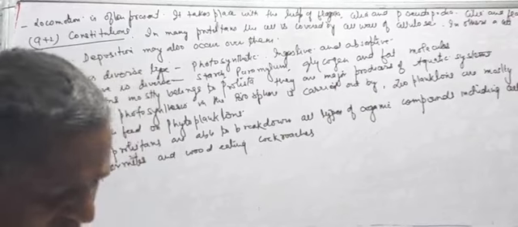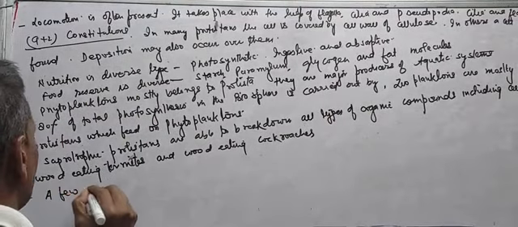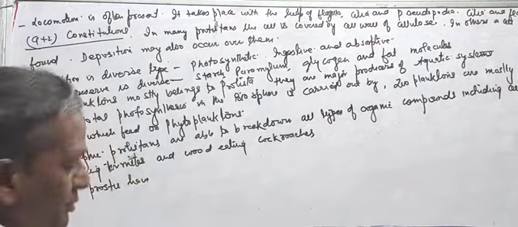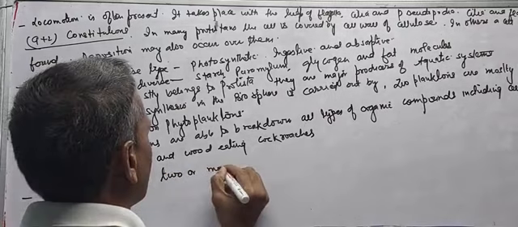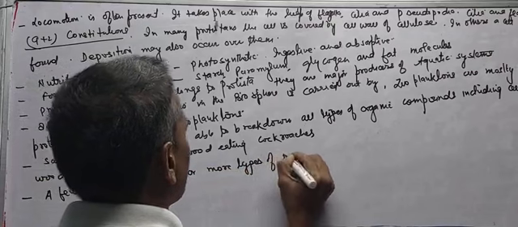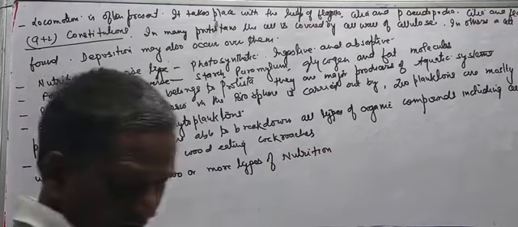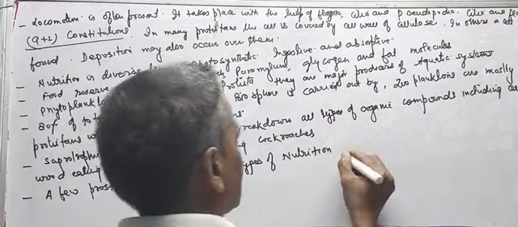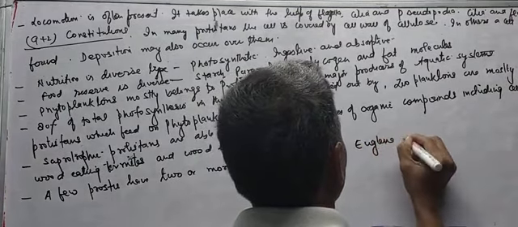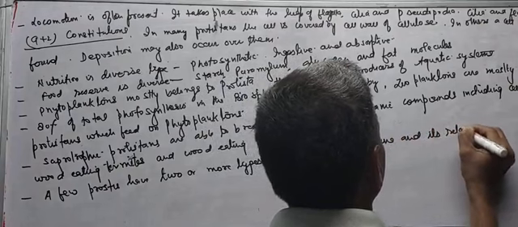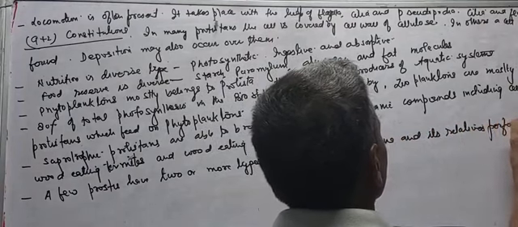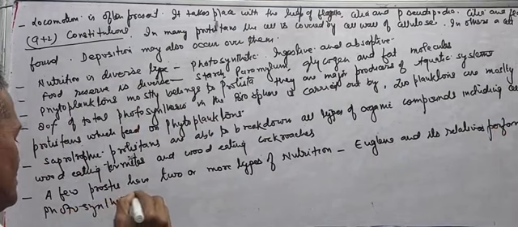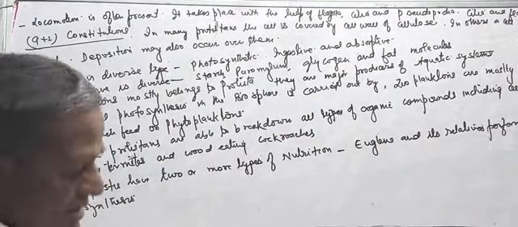A few protists have two or more types of nutrition. Euglena and its relatives perform photosynthesis in the presence of light.